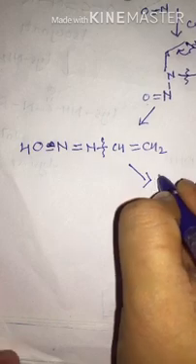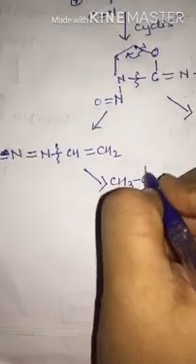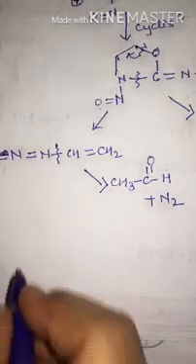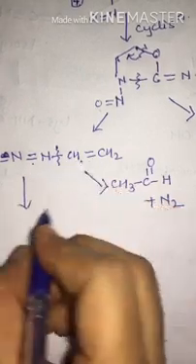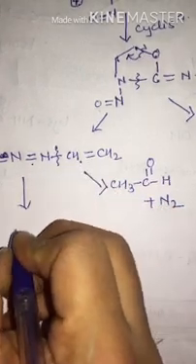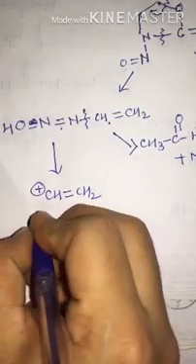There will be a breakdown here to form acetaldehyde, CH3, C, double bond O and H with the release of nitrogen, or the same breakdown may lead to the formation of CH double bond CH2, vinyl carbocation.